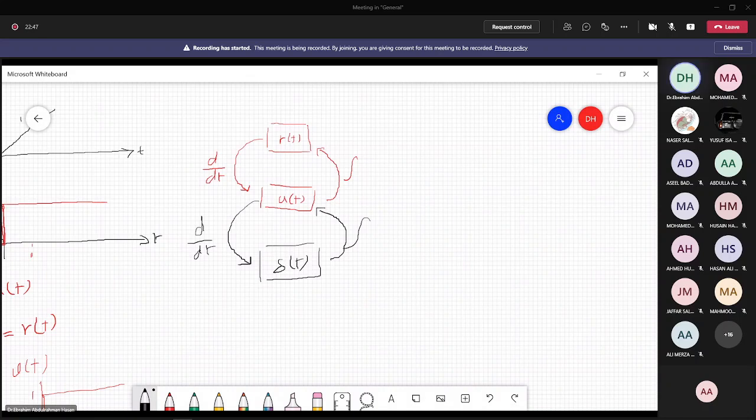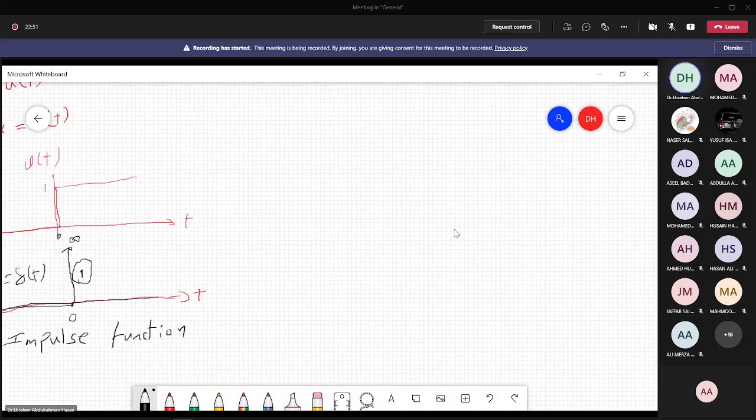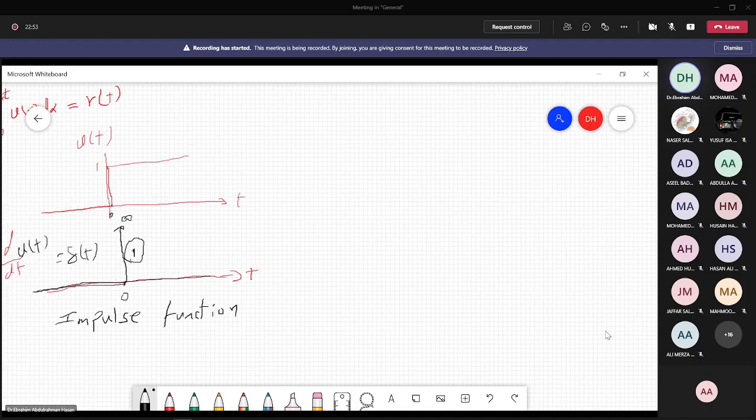Okay, similarly here, if we have impulse function, then k multiplied by delta t means that we are changing only the strength of the impulse. So it's going to infinity.